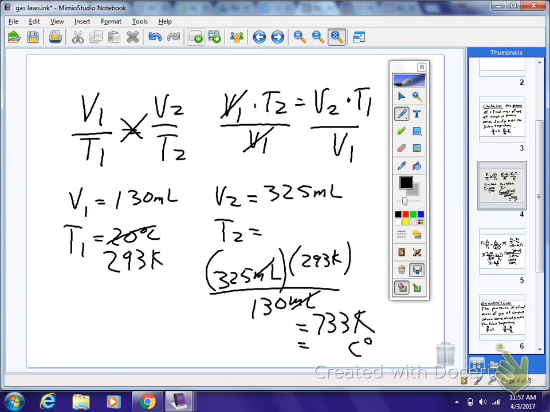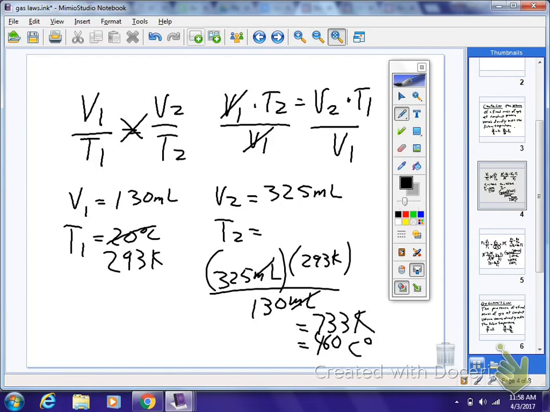What would we have to do? Subtract 273. Okay, you can't add 273 and subtract 273 until you get, Kelvin has to be done within the equation. Make sure you do that. So then your answer is 460. So if they want it in Celsius, that's what you get.